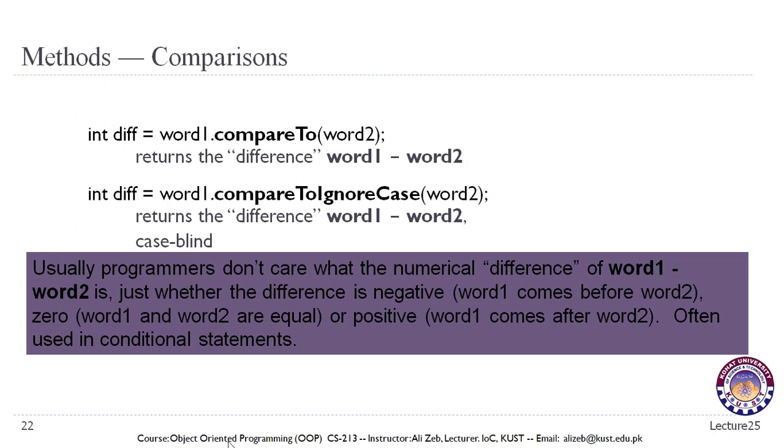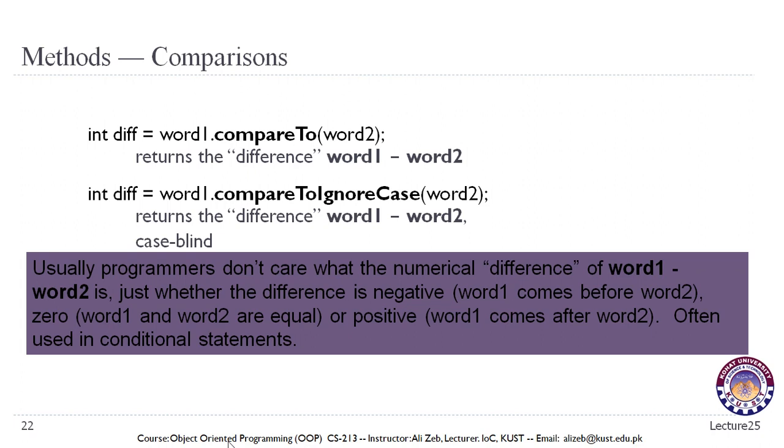Usually programmers don't care what the numerical difference is, just whether the difference is negative, word 1 comes before word 2, 0, word 1 and word 2 are equal, or positive, word 1 comes after word 2. And this is the kind of output that we will be looking for in this comparison.